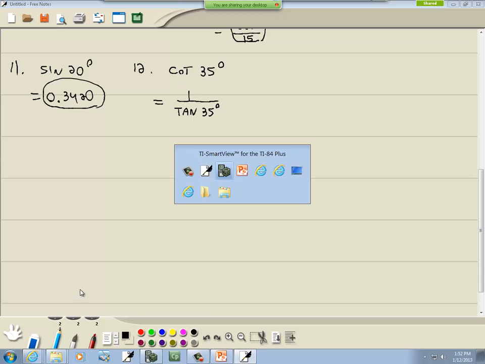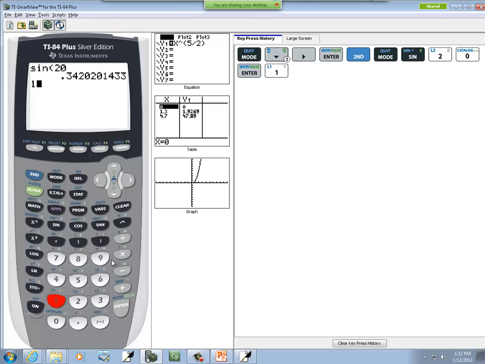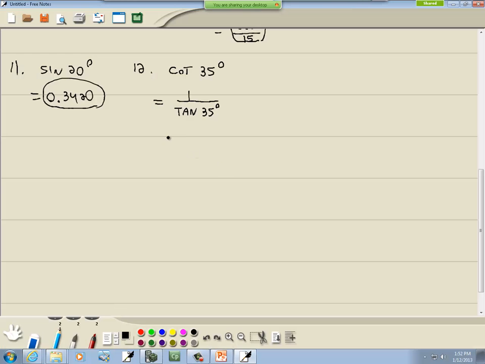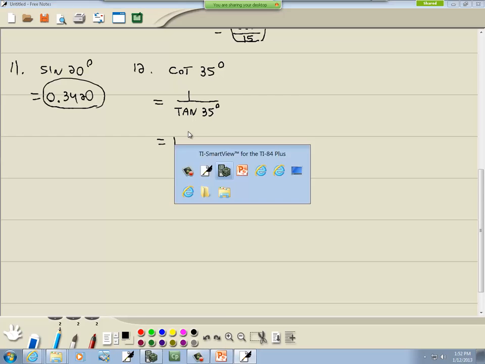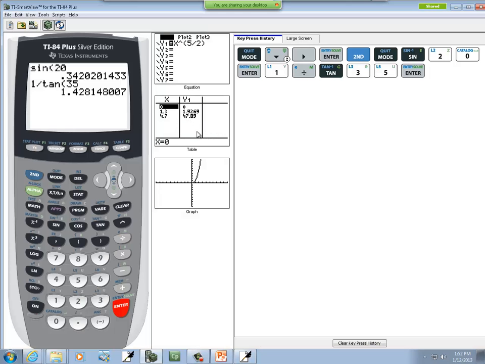And that I can plug in. So I do 1 divided by tangent 35. And even though I'm not putting a degree mark, the fact I put myself in degree mode first, it assumes degrees. And I press enter. And my answer would be 1.4281.